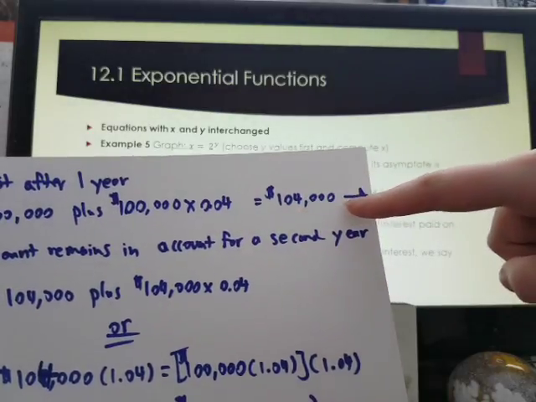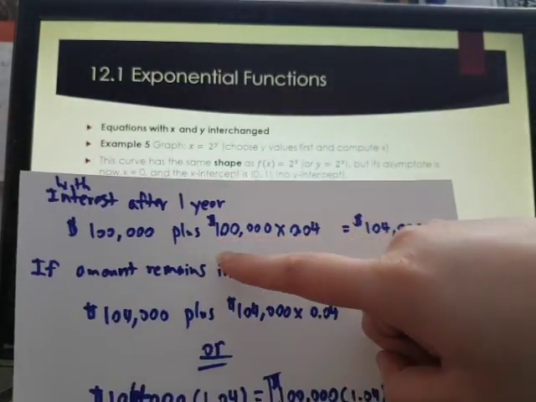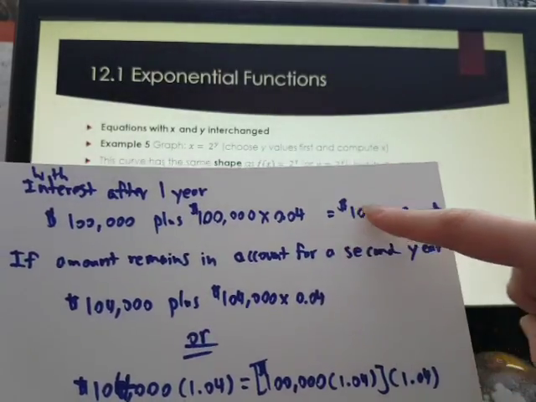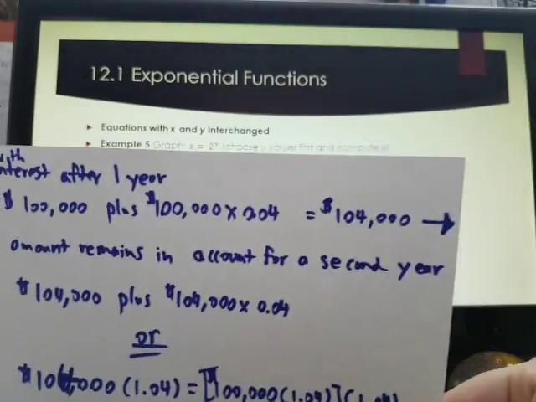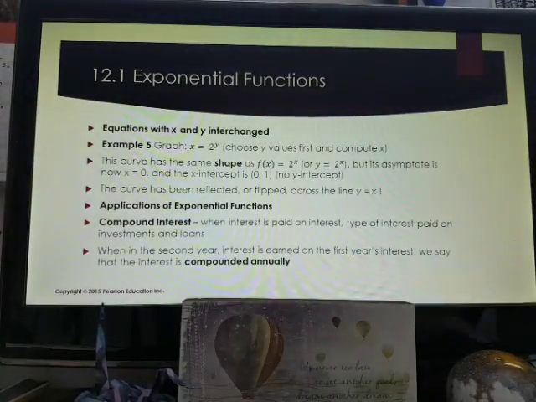So I'll show you a little trick here. We say 100,000 plus 100,000 times 0.04 in order to get the interest, but there's a bit of a simpler way of doing it, and I'll show you. I wrote it out on the little paper.